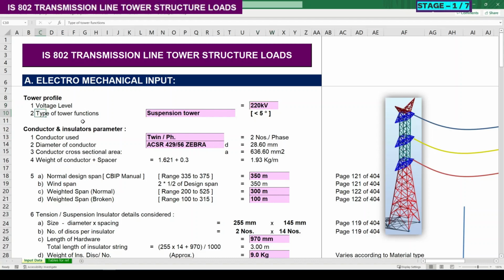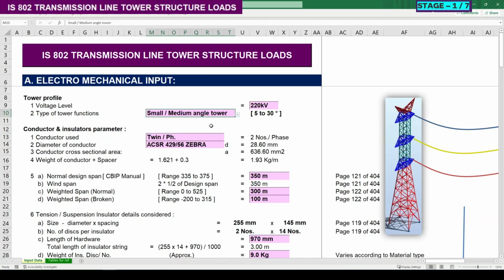Type of tower function: either it is a suspension, a small or medium angle tension tower, or a large angle tension tower. You need to get this from the input. Suspension tower means generally the angle of the conductor should be less than 5 degrees.